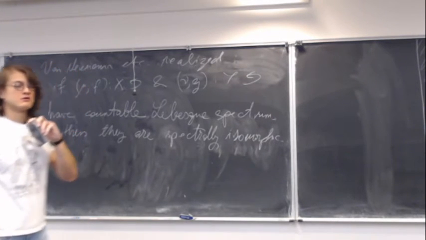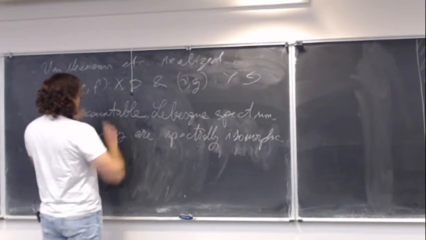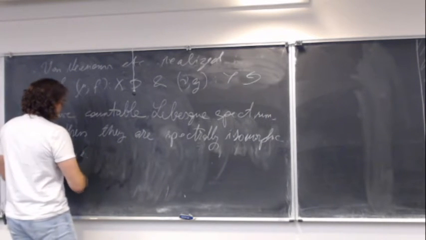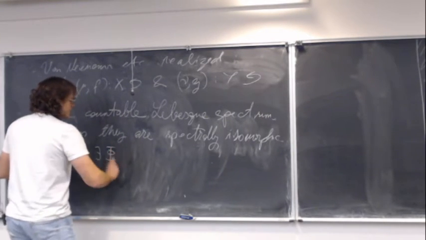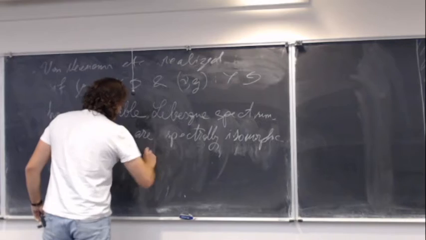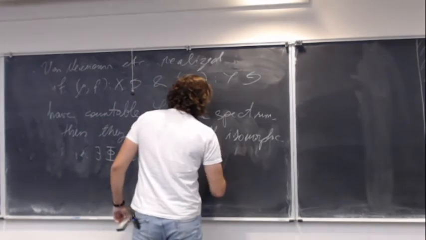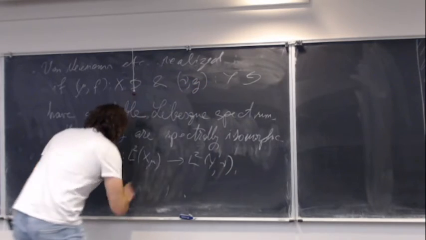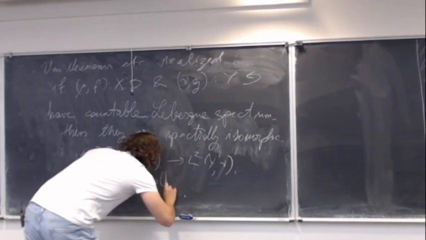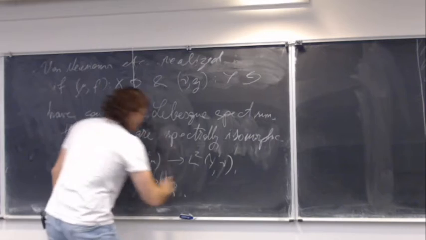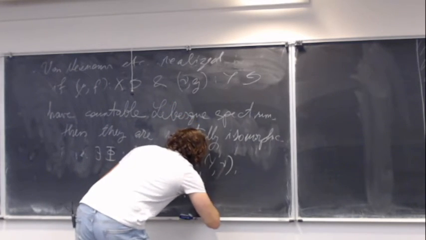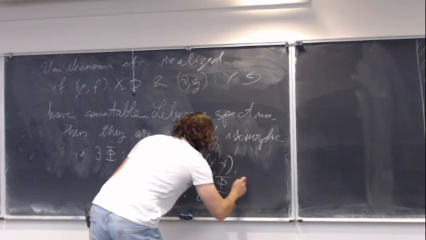Yes, they're unitary operators. That is to say, there is a Hilbert space isomorphism from L2 of x mu to L2 of y nu, such that this equals this.